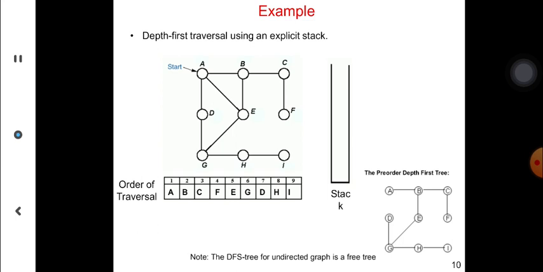So the stack is getting empty by the time you get to F, and then C has no other adjacent, C is already visited. Going back to B, is there any adjacent?